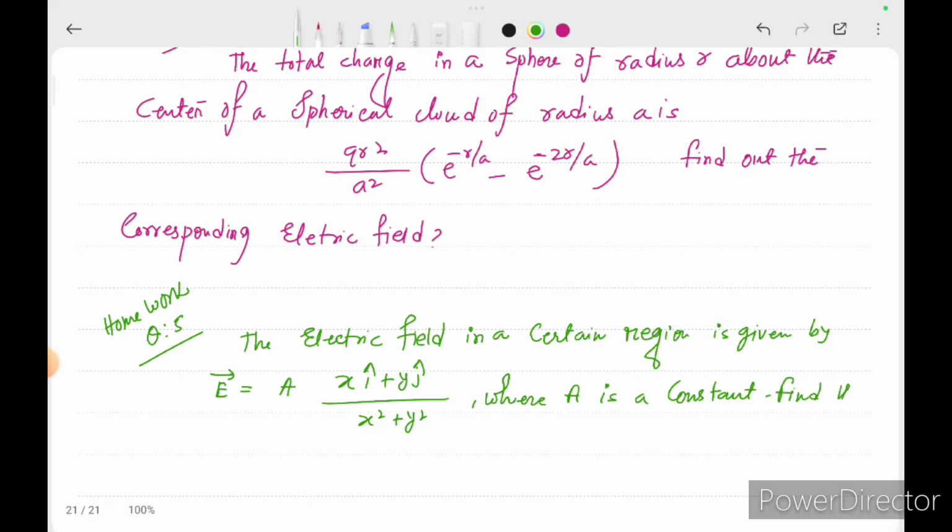Find the total charge within a sphere of radius r with center at the origin.